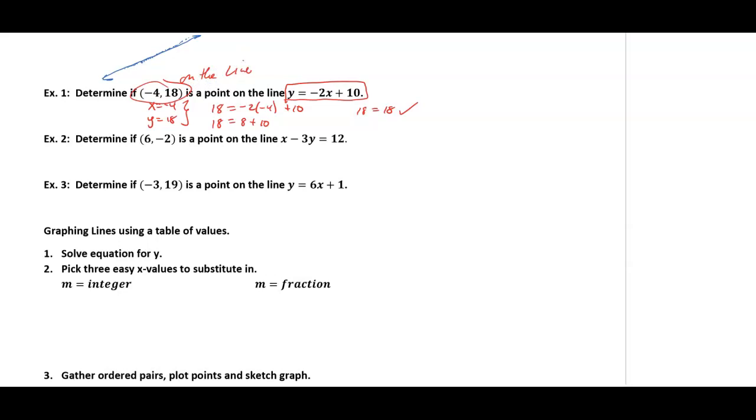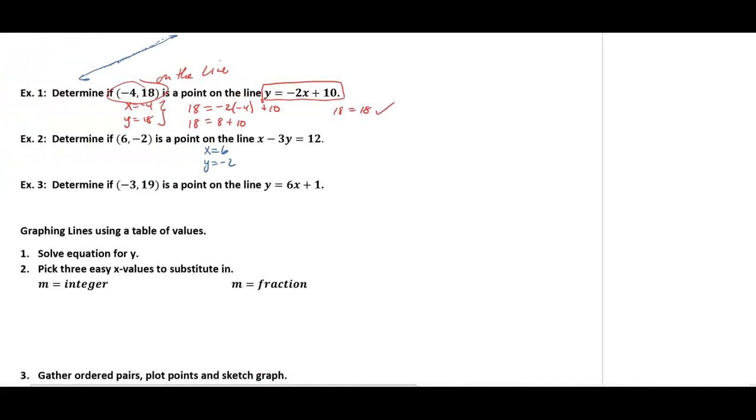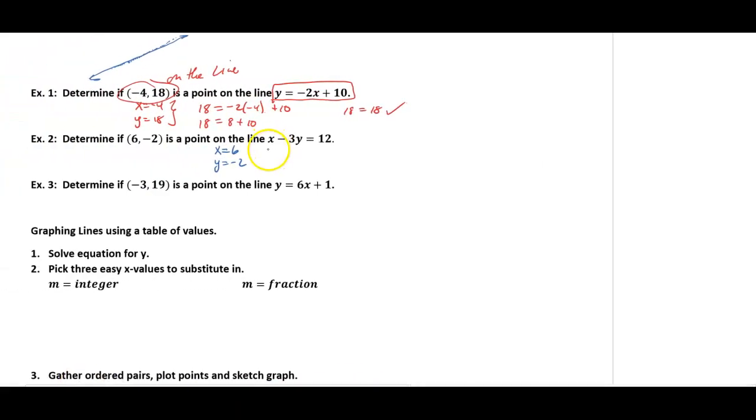Let's take a look at the second one. Determine if (6, -2) is a point on the line x minus 3y equals 12. So in that ordered pair, x is 6, y is negative 2. So right away, when I go to substitute, replace x with 6 minus 3 times negative 2 equals 12.